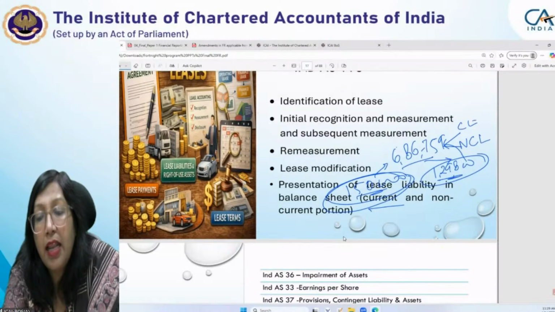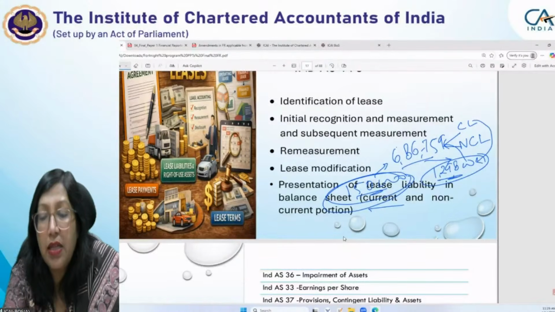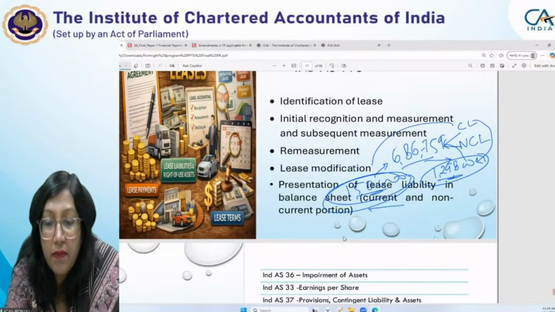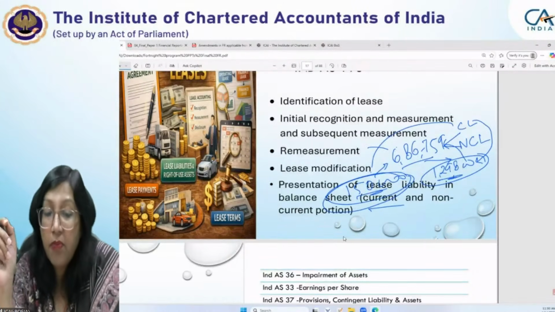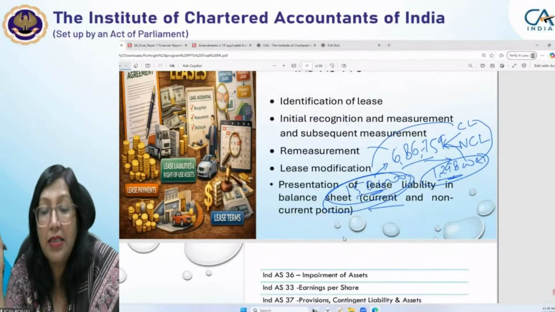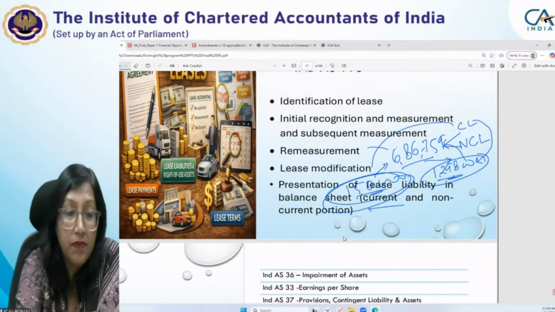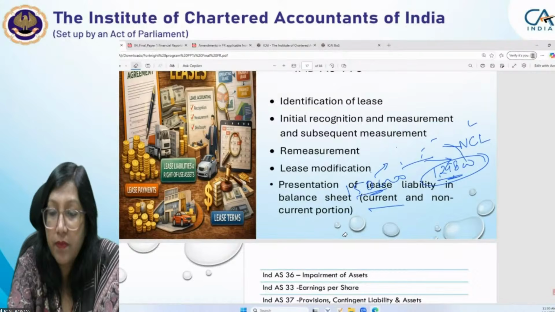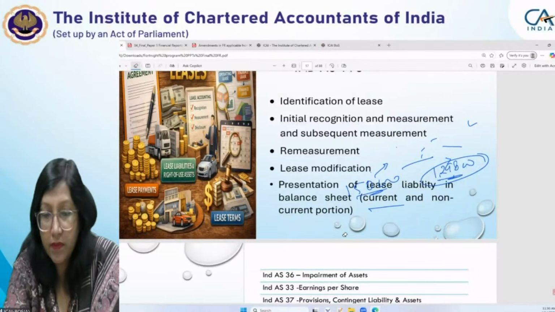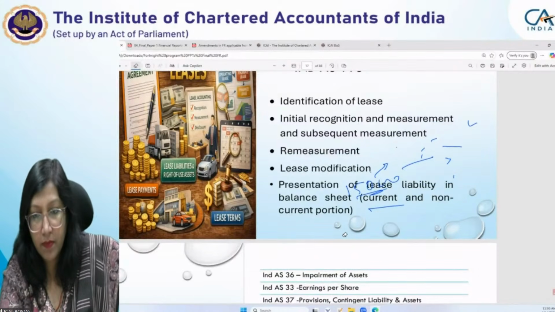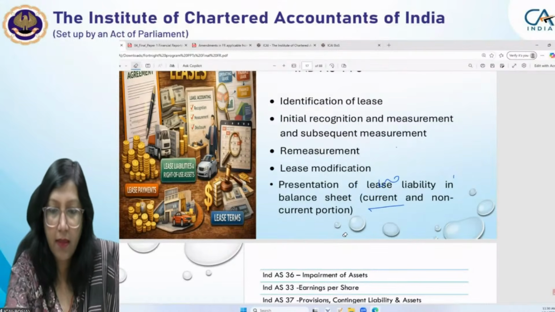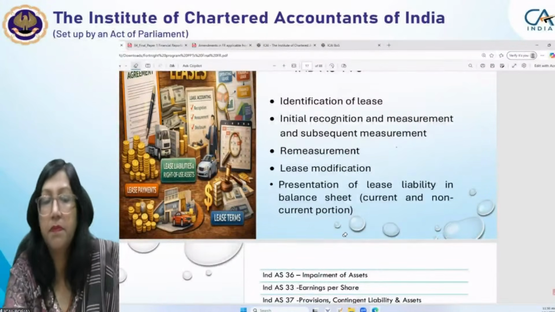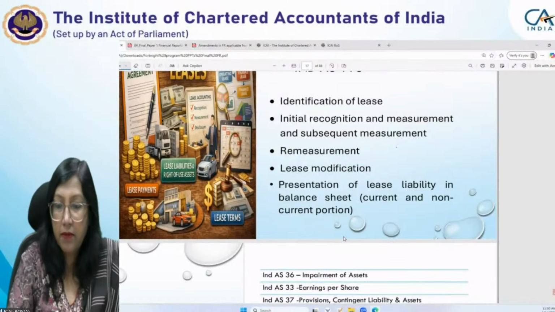And in current liability, you'll show 1,29,800 and not 1,50,000. I hope it is clear. This is very important: presentation of lease liability in balance sheet, that is current and non-current portion. Hope I am clear.